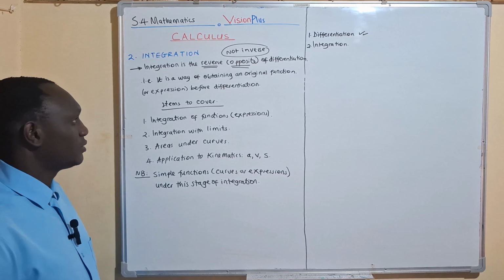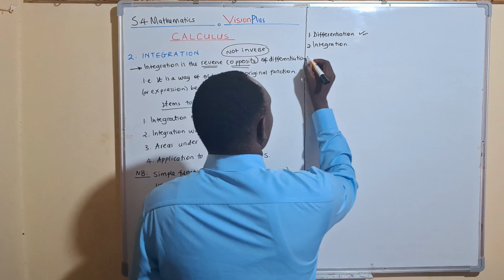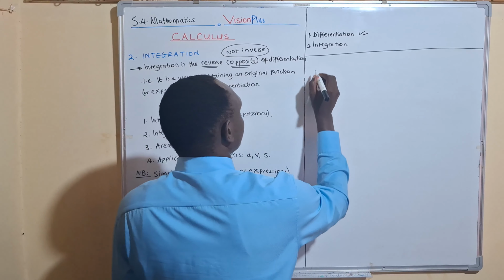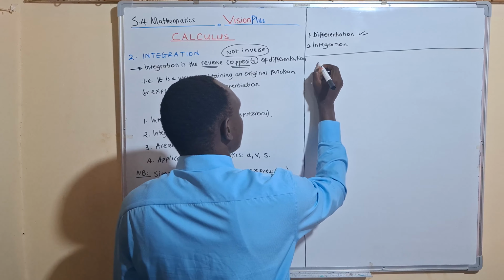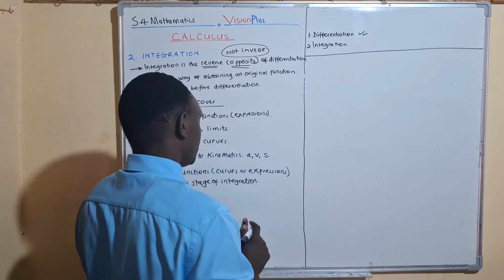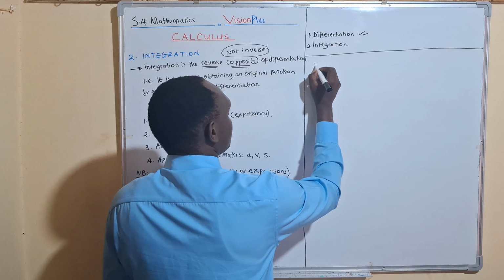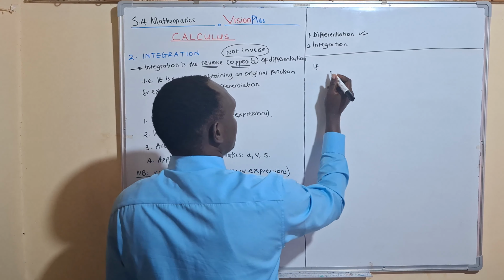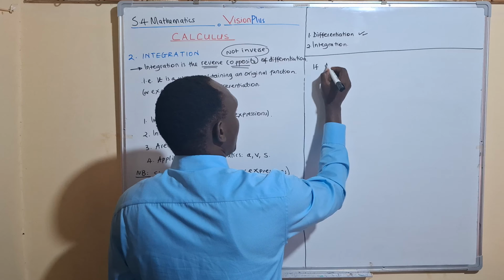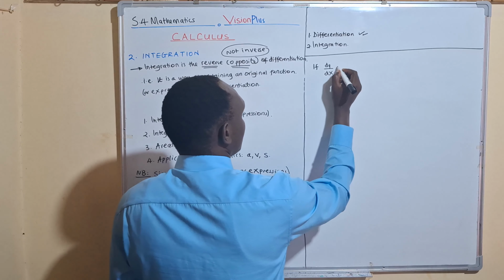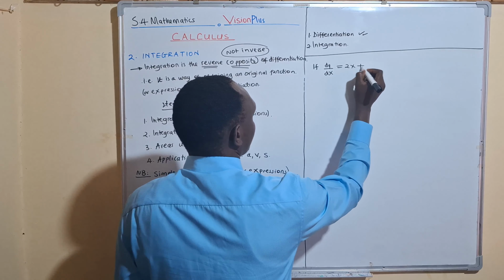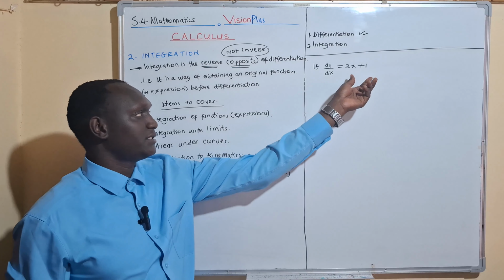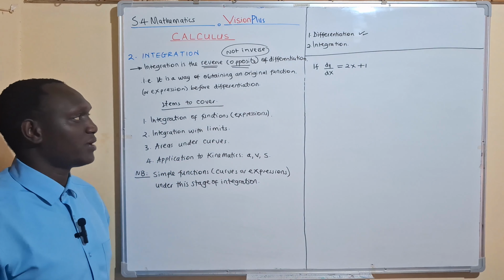So, what must we note? Let me suppose I have dy dx as 2x plus 1. This function here was differentiated to give us 2x plus 1.